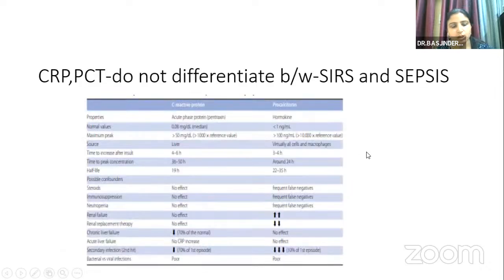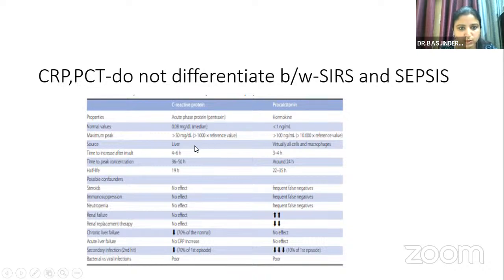So CRP, PCT, they basically do not differentiate between SIRS and sepsis, a point to be very clearly remembered. So I have just tried to enumerate a few differences between the CRP and PCT, which are clinically applicable in our day-to-day practice. C-reactive protein is an acute phase protein, procalcitonin is a hormokine.